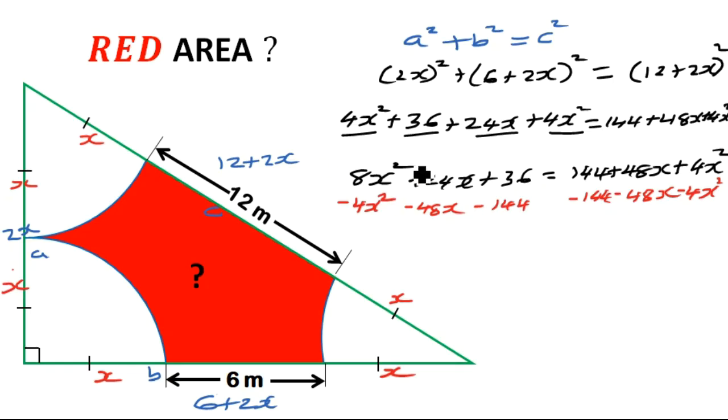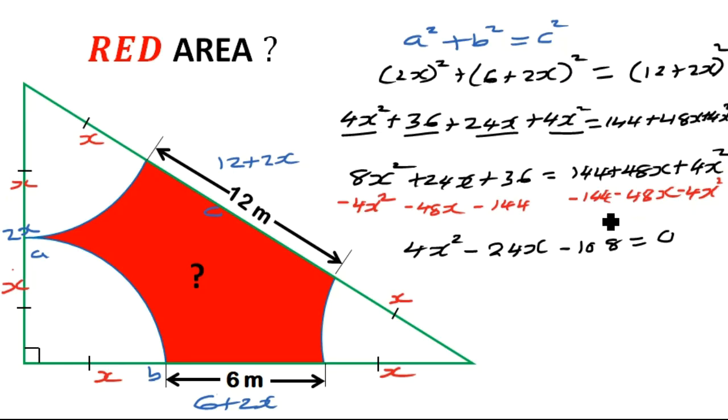So what do we get? 8x squared minus 4x squared will remain with 4x squared, plus 24x minus 48x will get negative 24x, plus 36 minus 144 will have negative 108, equal to what? It is 0.